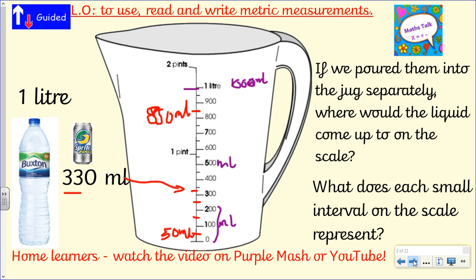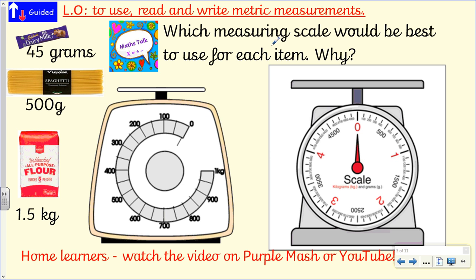Okay, next task, also linked to the anchor task. Which measuring scale would be best to use for each item and why? We've got 2 different scales here. Now, just a little note on that. Most people would have digital scales. A bit like a digital clock, it will just have the measurement on the screen for you.